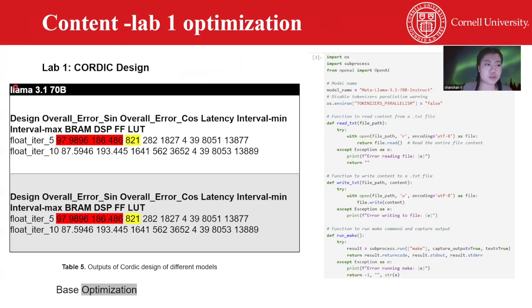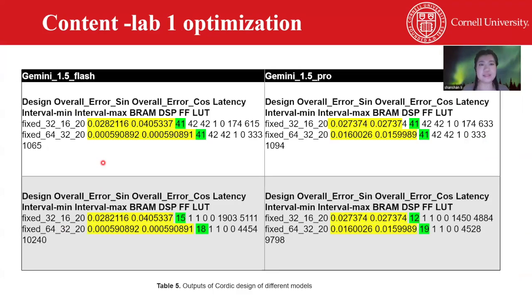This table shows using the Llama model for codec design, and this is for base, and this is for optimization. We can see that the error rate is really high, latency is large, and there is no difference after optimization. But for Gemini 1.5 Flash and Pro, the error rates are all really low with small latency.